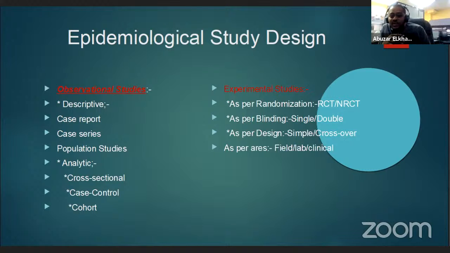If it is randomized, it is a randomized control trial. If it is not randomized, it is a non-randomized control trial. Blinding: single blind, double blind. Per design, like simple design or crossover study. Per field or area of study: field, lab, or clinical.